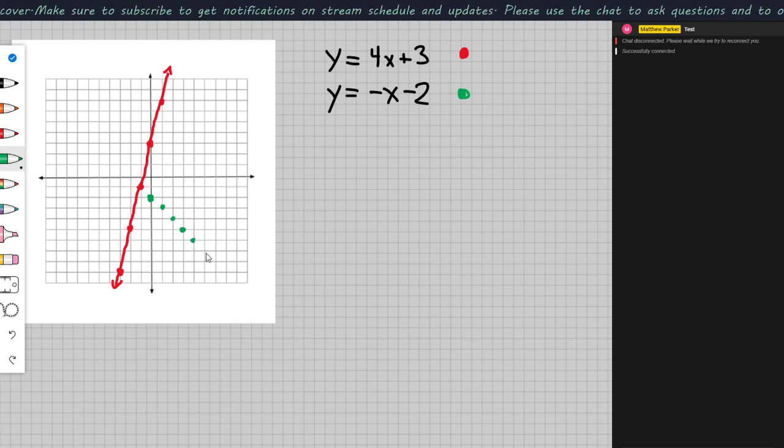And it continues. So again, try to connect this as best as possible.